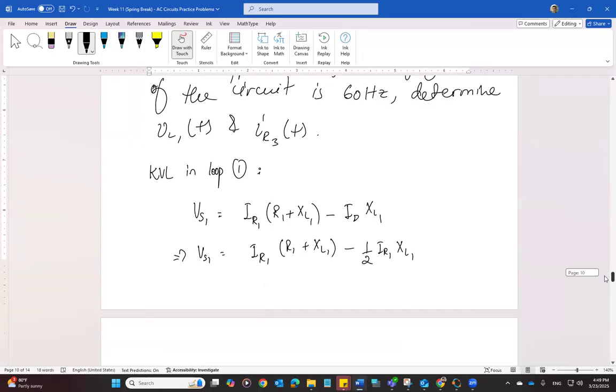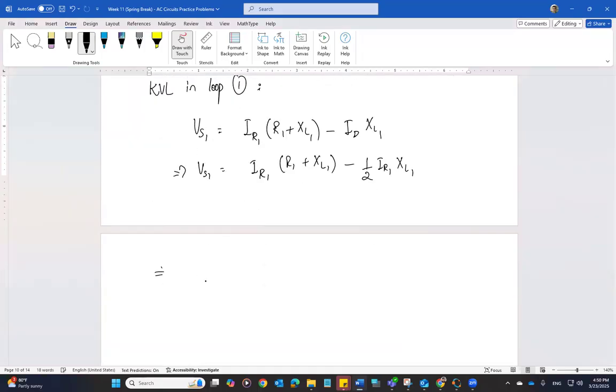So we can go ahead and calculate IR1 as Vs divided by R1 plus XL1 minus half XL1. So XL1 just minus half XL1, which is Vs over R1 plus 0.5 XL1. So that's going to be my IR1.